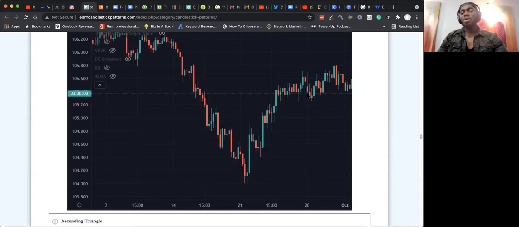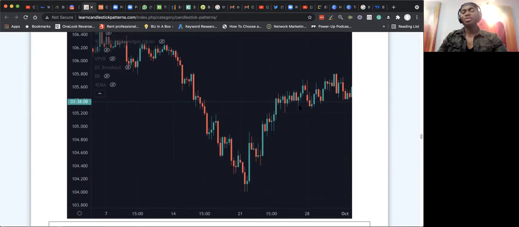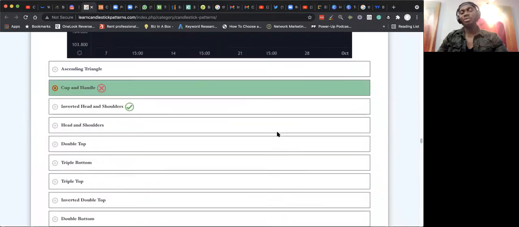And on that support, we had an extended period of distribution with newer lows formed that matched the previous neckline. So we have a neckline here that was formed. So you had 2 shoulders and 1 head. So you have an inverted head and shoulders.